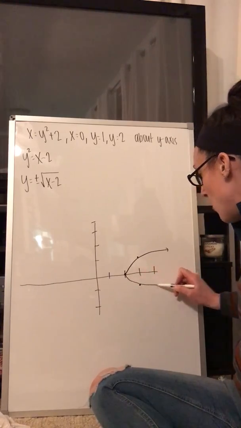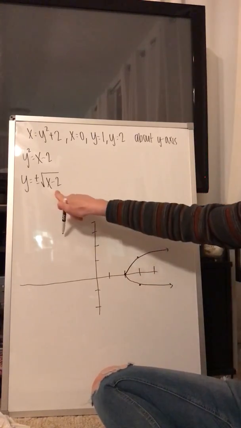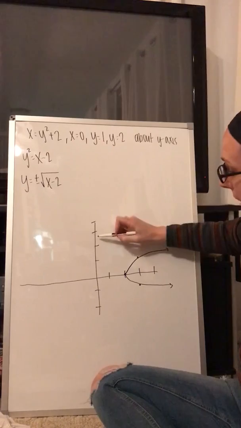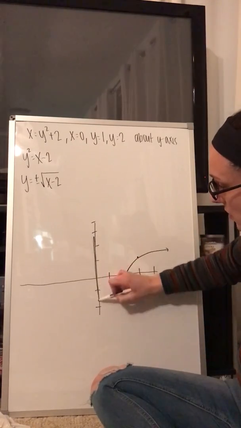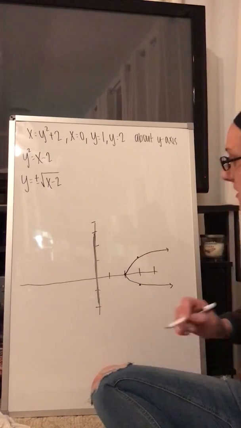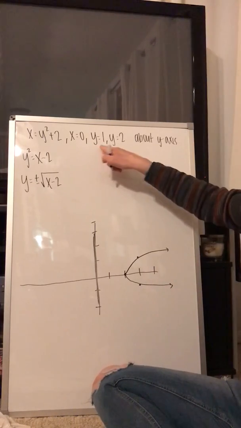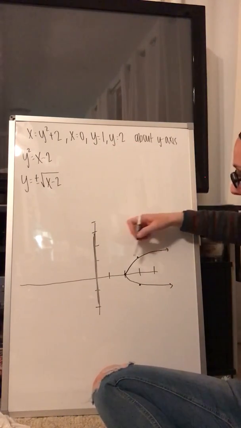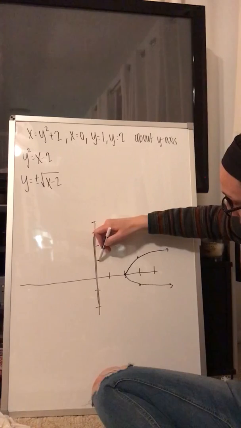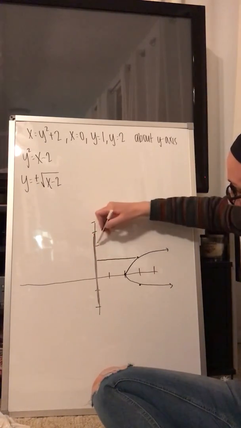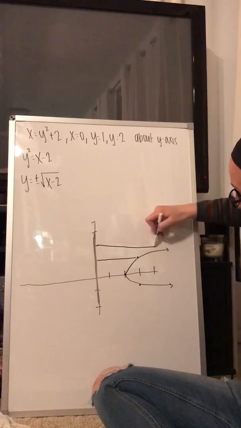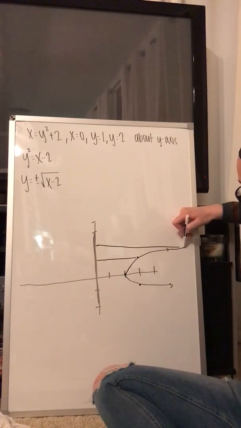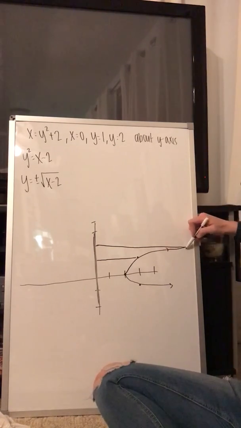So this is my y equals plus or minus the square root of x minus 2. I'm bounded by the line x equals 0, which again is just the y-axis. But this time I also have boundaries in terms of y, so I have a boundary of y equals 1 and y equals 2. This is not the most accurate drawing, but it'll look something like this.